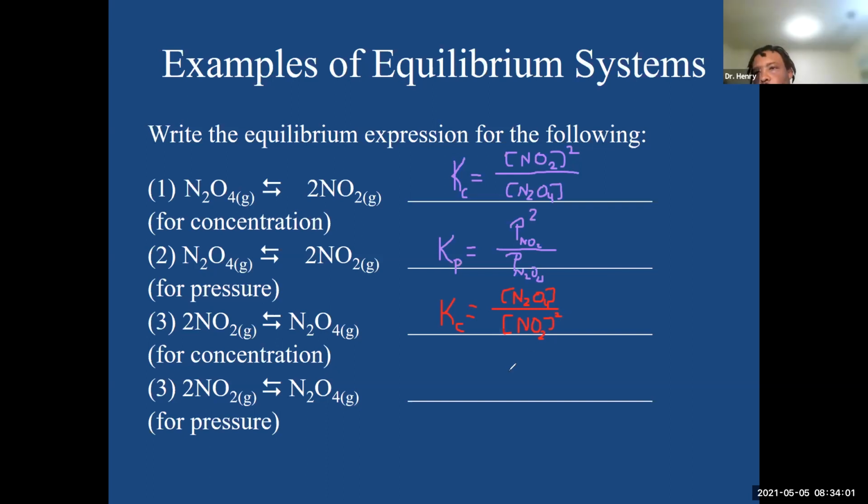Okay. And what about number 4, even though it says number 3? It would be the Kp. Okay.